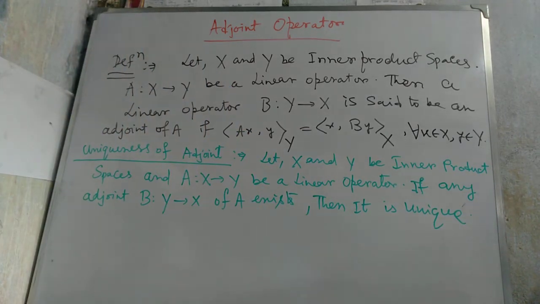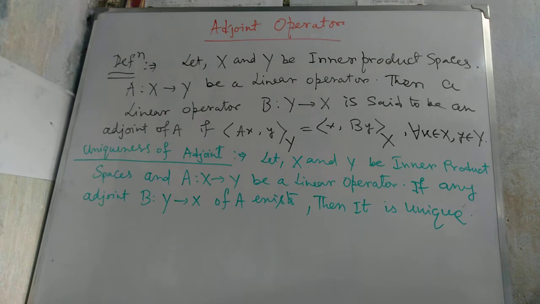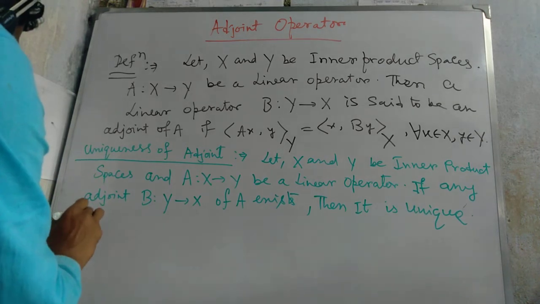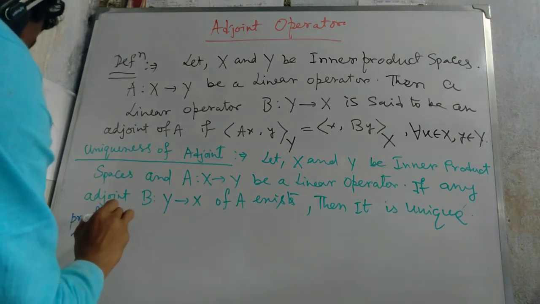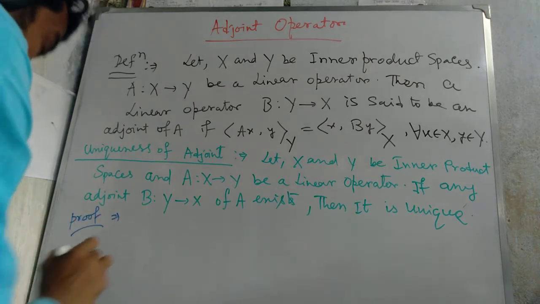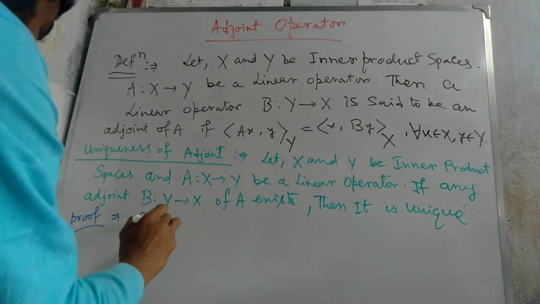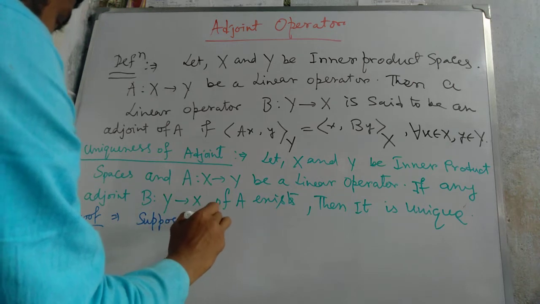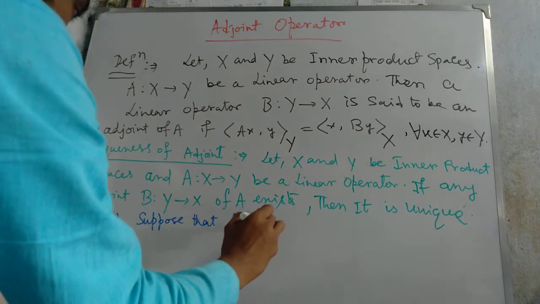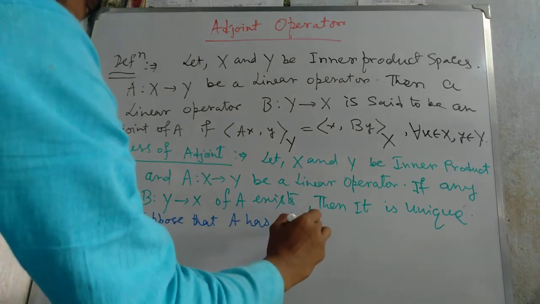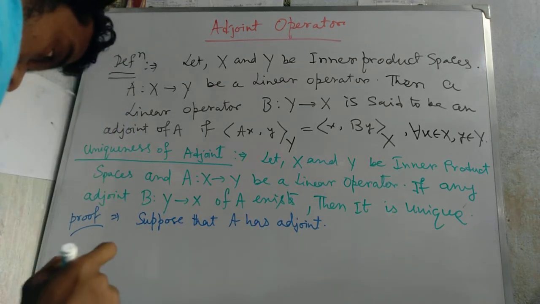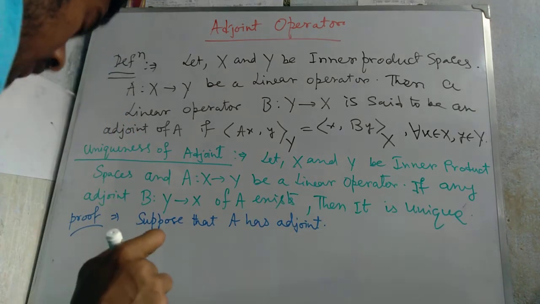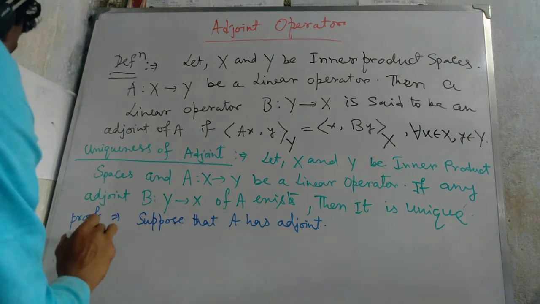So we'll also prove this. Now, the proof. Suppose that A has an adjoint.